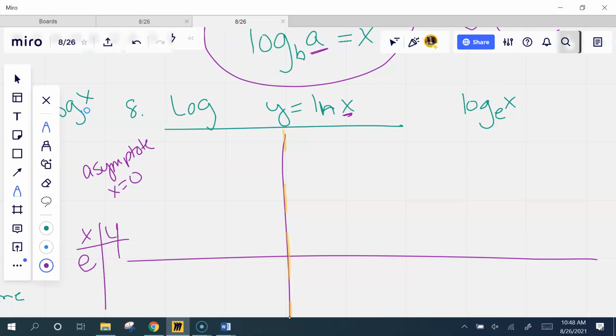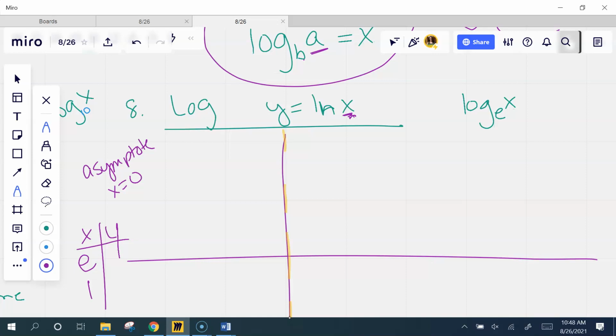And E is the same thing as about 2.7. Put in an E, and then also make this what? 1. Because if that's 1, that means the exponent was what? 0. Anything to the 0 power is 1.